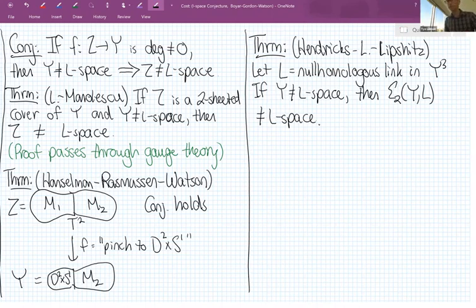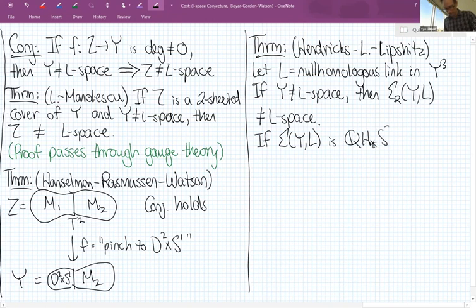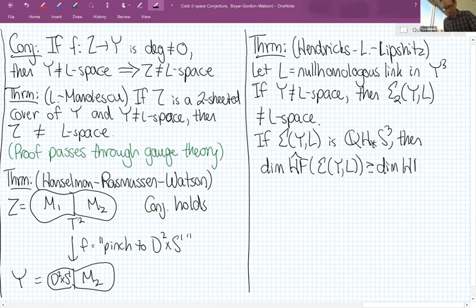In particular, there's a more general rank inequality. If sigma of Y, L is a rational homology sphere, then you also get a rank inequality that the dimension of HF hat of sigma Y, L is at least the dimension of HF hat of Y. And there's almost even a spectral sequence, but not exactly a spectral sequence.